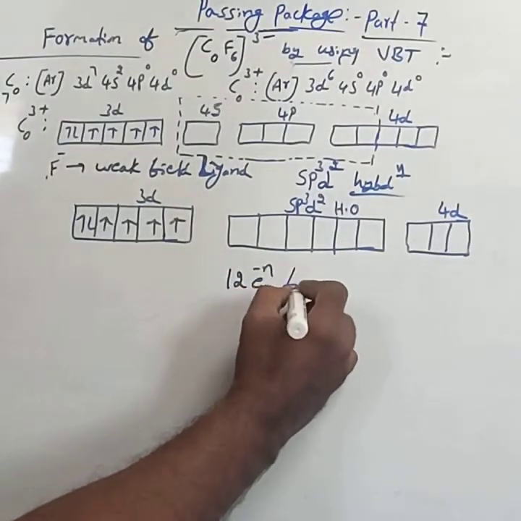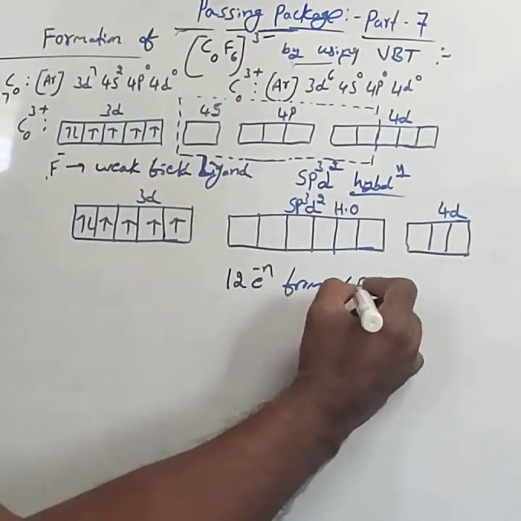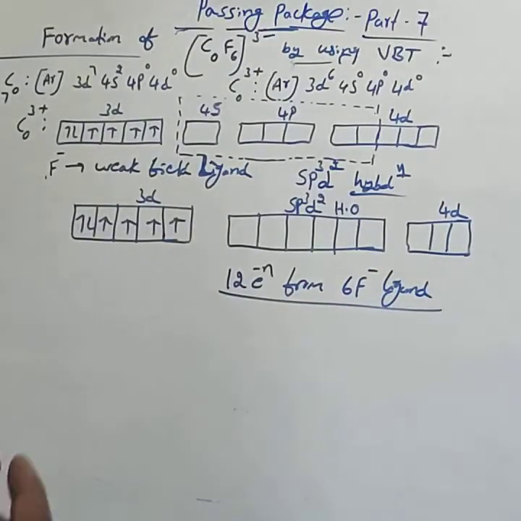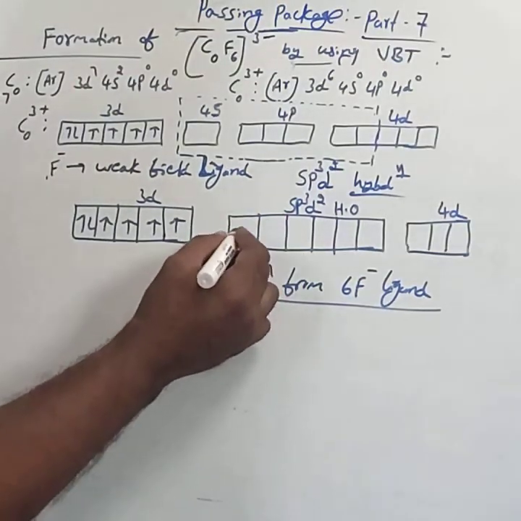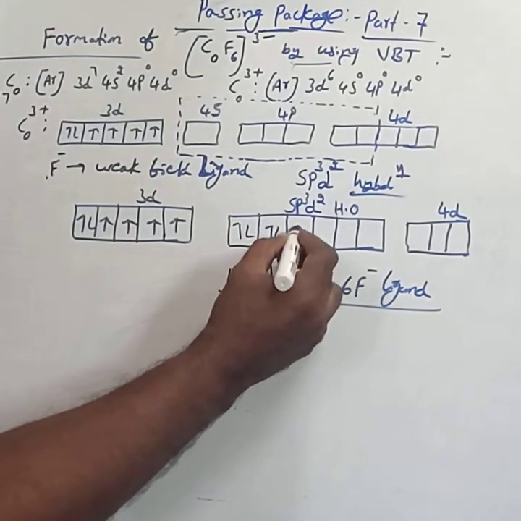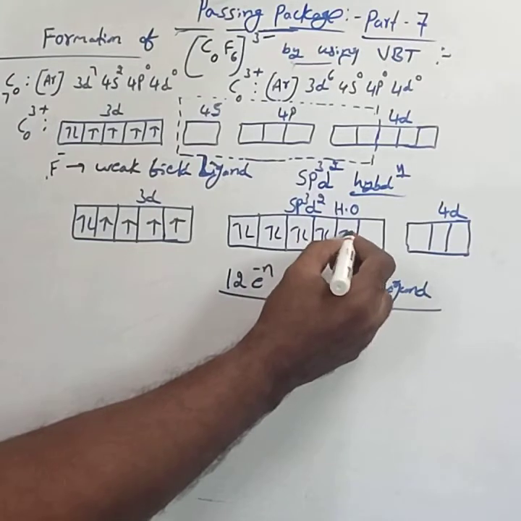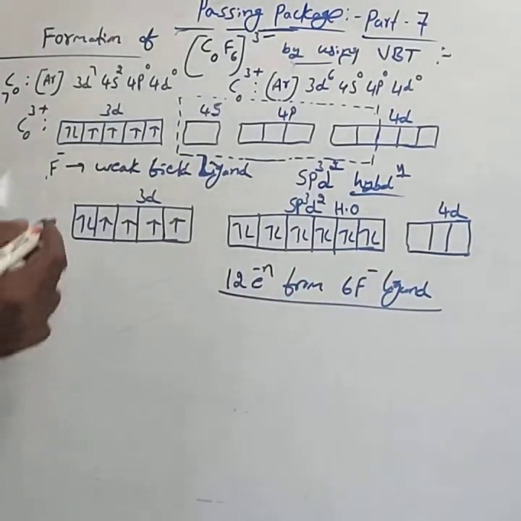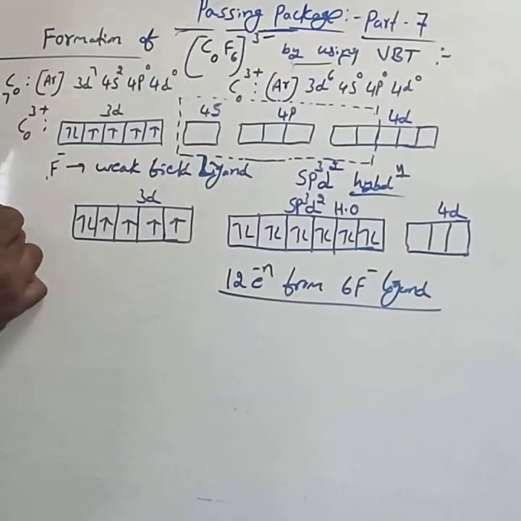Those 12 electrons get filled in the vacant hybrid orbitals. These are the 12 electrons from the 6 fluoride ligands. Then this is considered as the complex, that is [CoF6]3-.